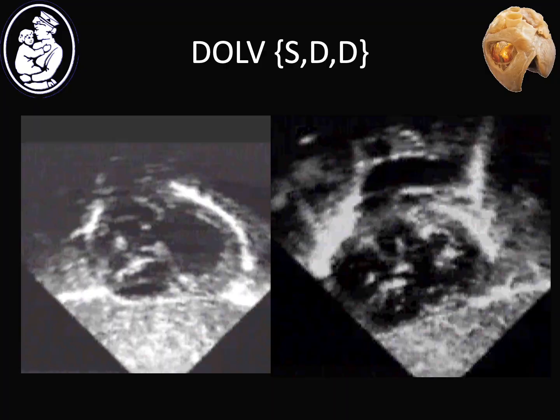Double outlet left ventricle, a rare anomaly, is illustrated by this echocardiogram. The panel on the left is a subxiphoid long axis or paracoronal plane view. In this image, the patient's left is here and right here.